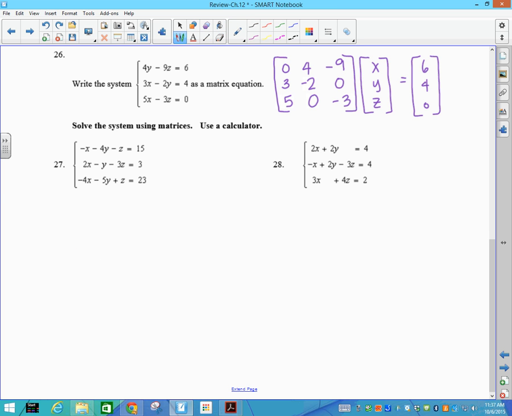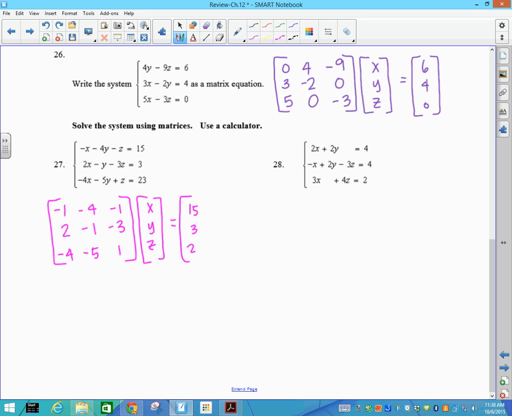So let's write our coefficient matrix, which is -1, -4, -1, 2, -1, -3, and then -4, -5, and 1. And I'm going to multiply that by my variable matrix, x, y, z, and that equals my constant matrix, which is 15, 3, and 23.